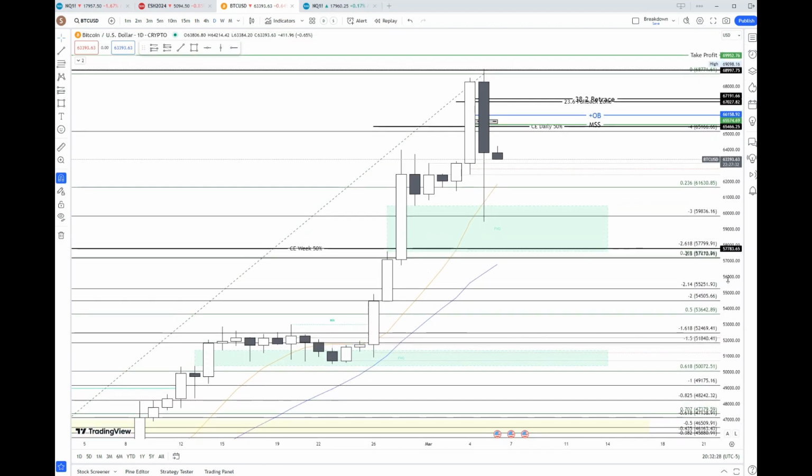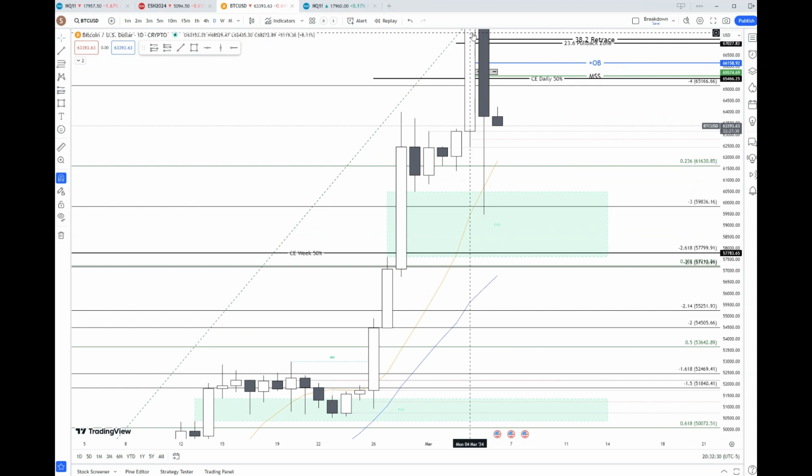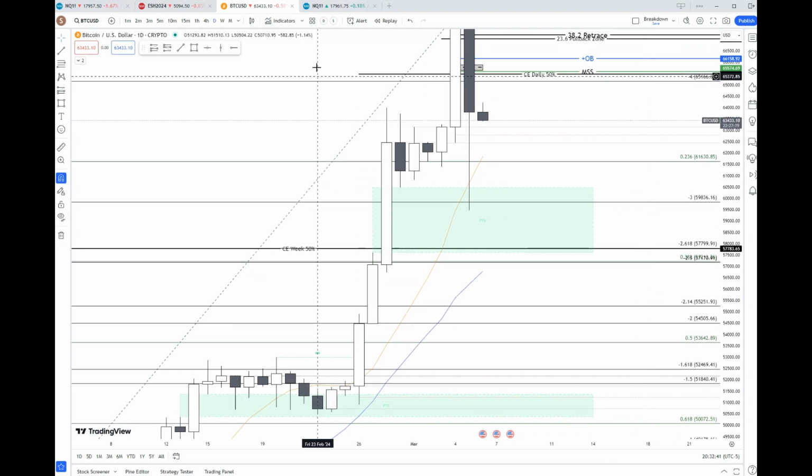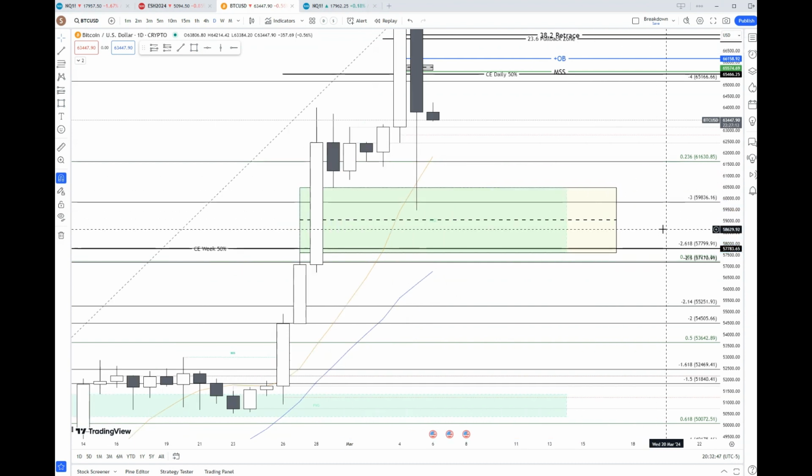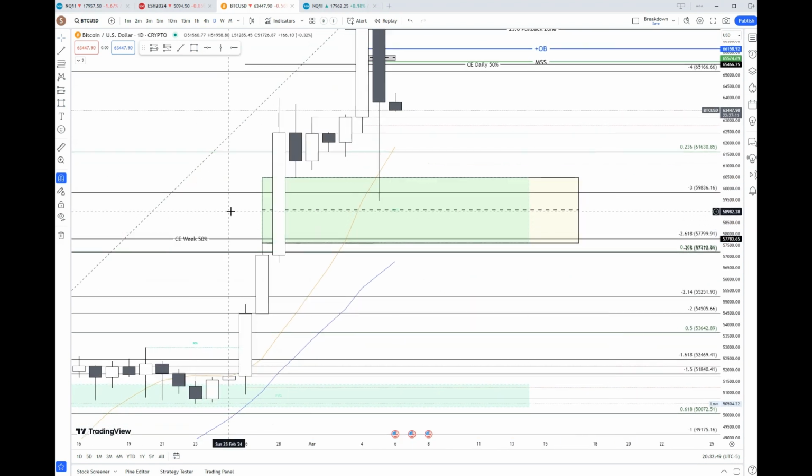So on a daily time frame, we pulled back and bounced. Not only was it the -3 standard deviation, but it was also into this daily fair value gap here. Almost to the consequent encroachment of that, the 50% mark there. Let's mark that out for future reference.